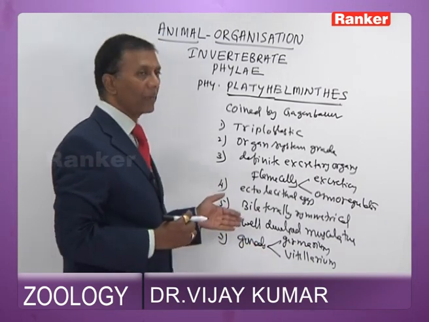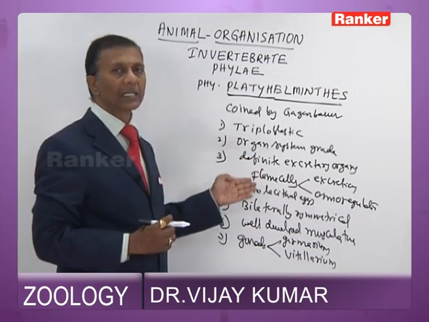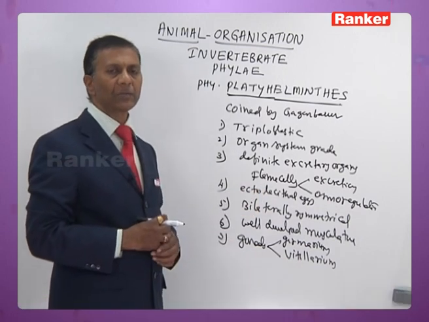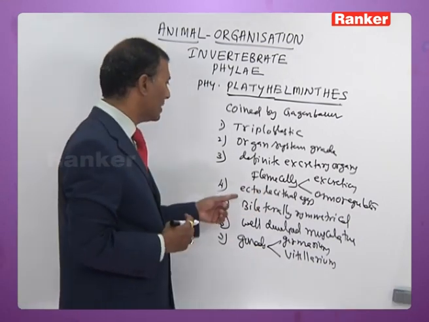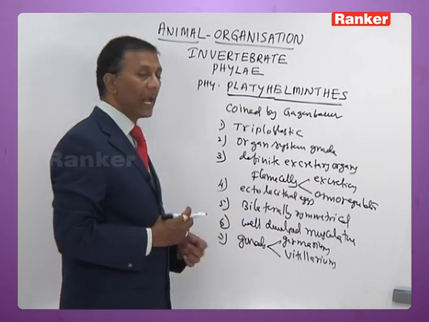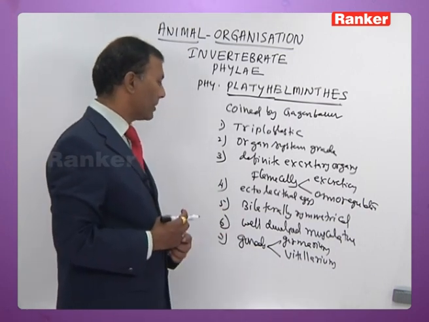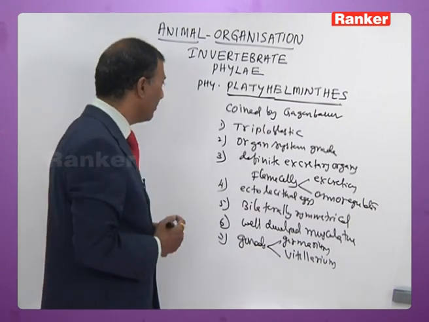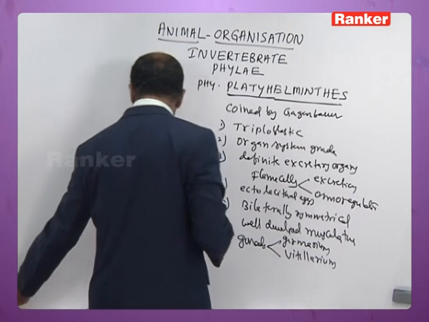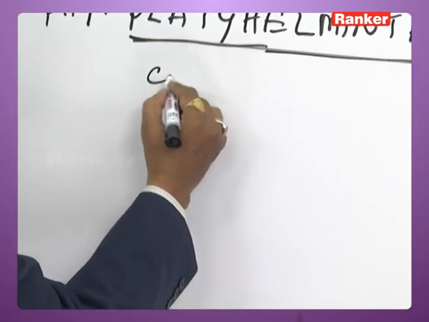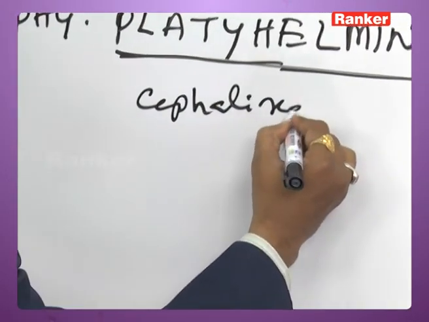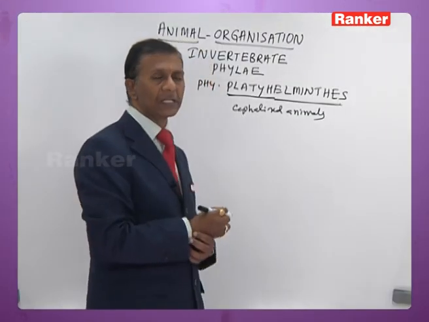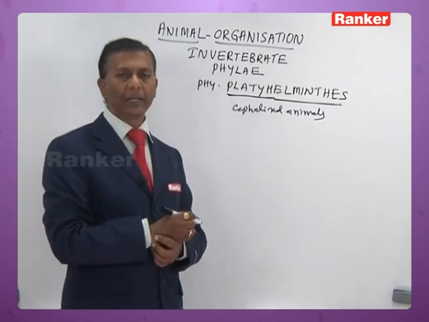So they are all first formed characters: triploblastic nature, organ system grade of organization, definite excretory system in the form of flame cells for osmoregulation and excretion, ectolecithal eggs, bilateral symmetry, well-developed musculature, gonads distinguishable into germarium and vitellarium. Then they are the first cephalized animals. For the first time, cephalization is noticed in Platyhelminthes.